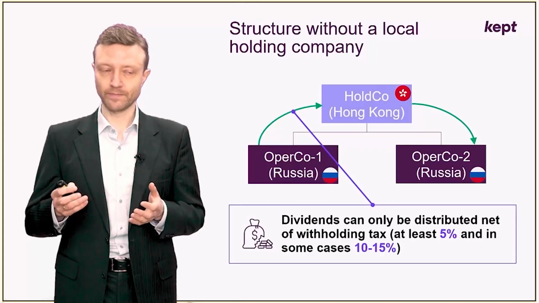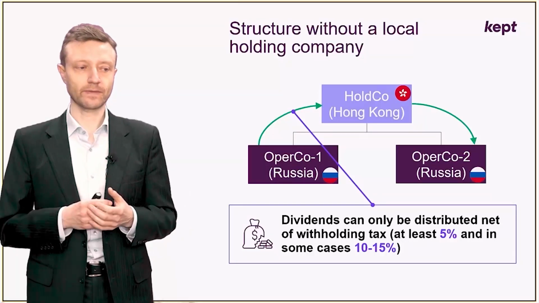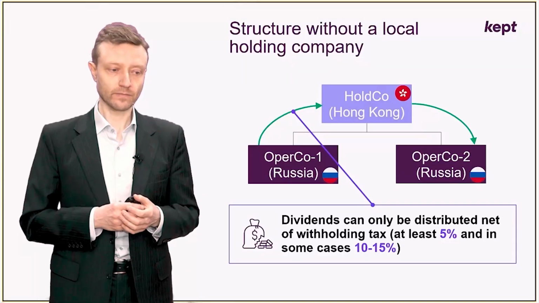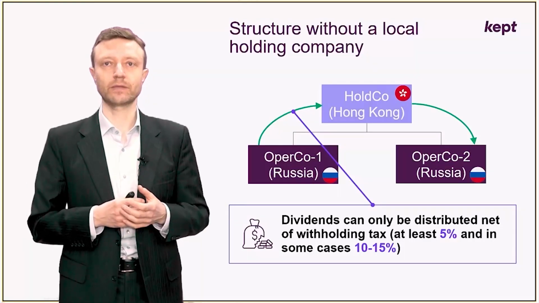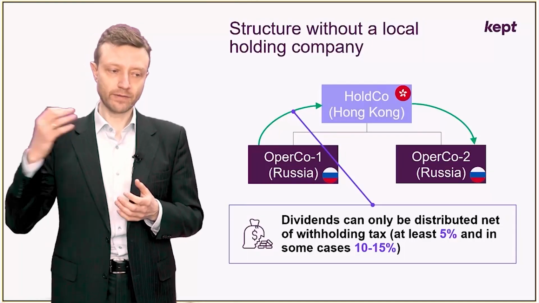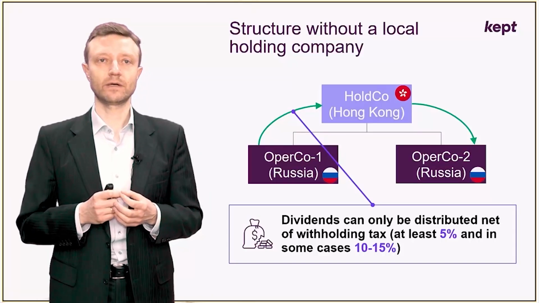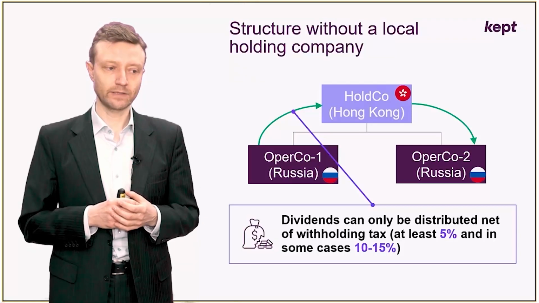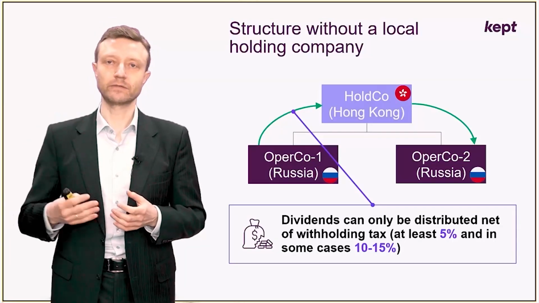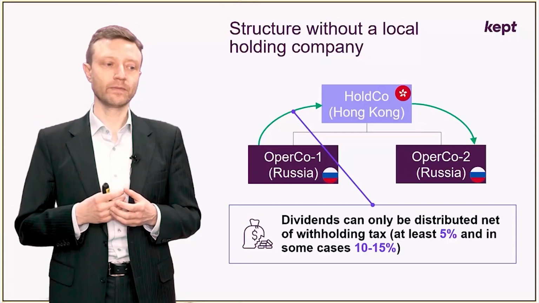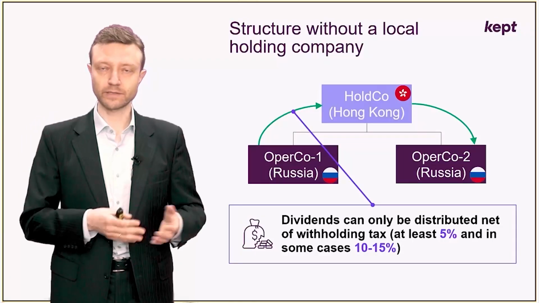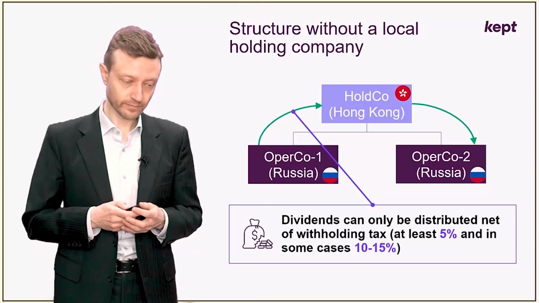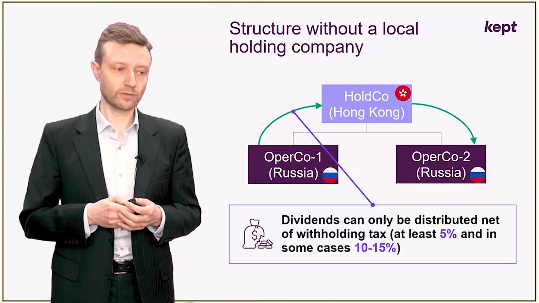This is why whenever we decide to reinvest profits from one subsidiary to another, even though the subsidiaries, as in this example, can be in one country, given that there is a holding company outside and given that dividends are subject to withholding tax, it's impossible to redistribute or reinvest profits through a foreign holding company, as in this example in Hong Kong, without paying tax, which is not efficient.